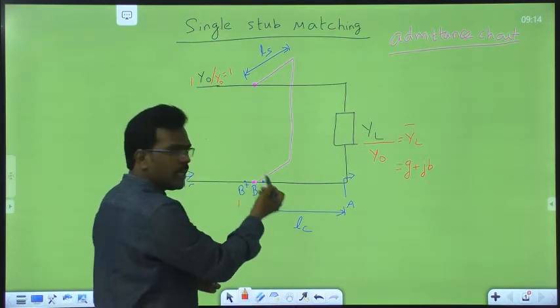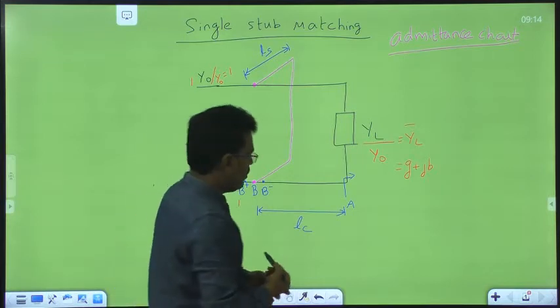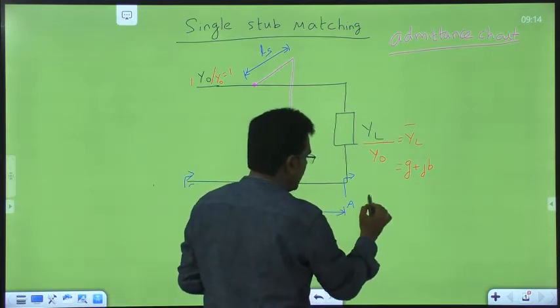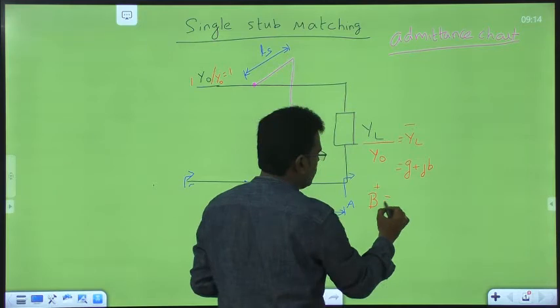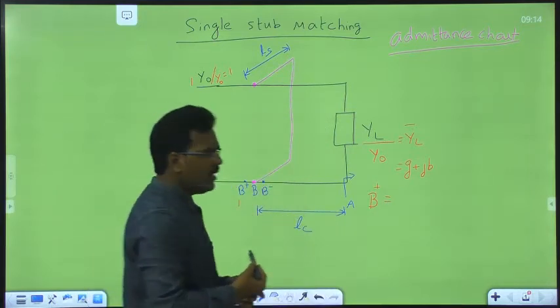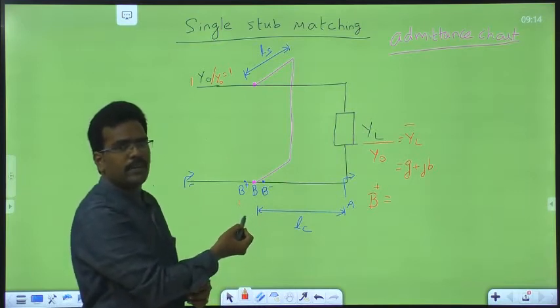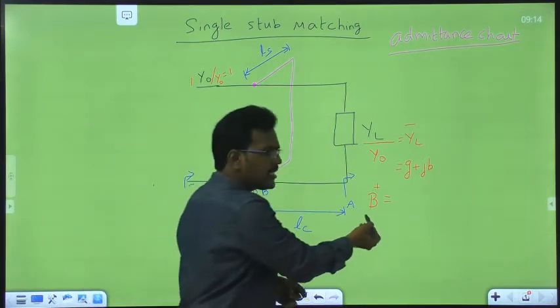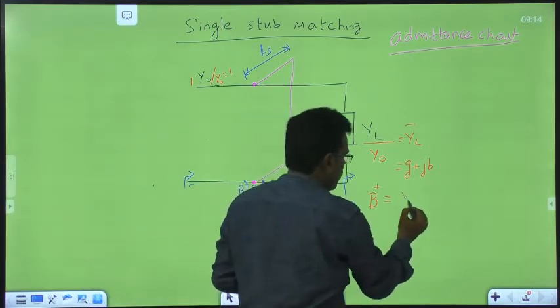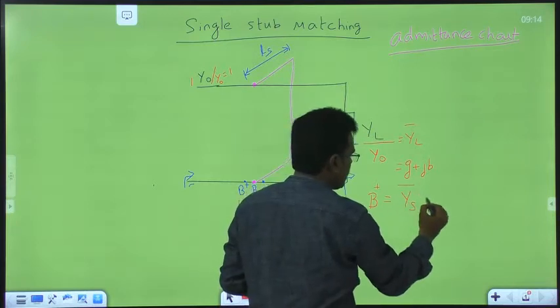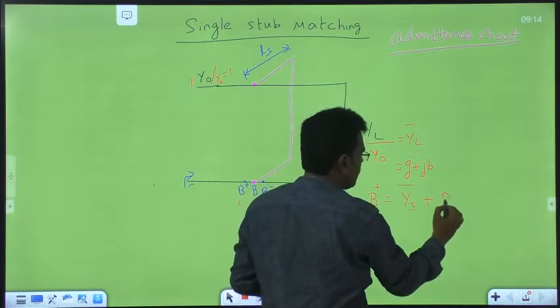When two admittances are in parallel, the admittance at B plus is equal to the normalized stub admittance plus the admittance at B minus point.